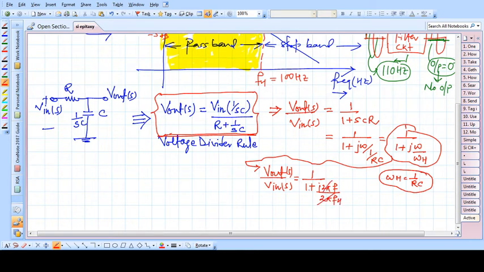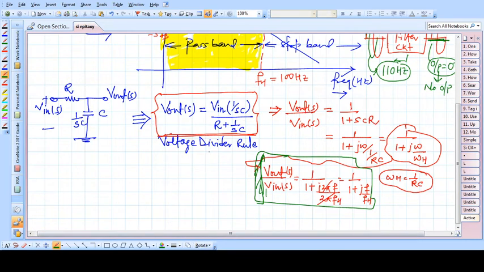The 2 pi cancels, so we can write 1 by 1 plus j f by fH.